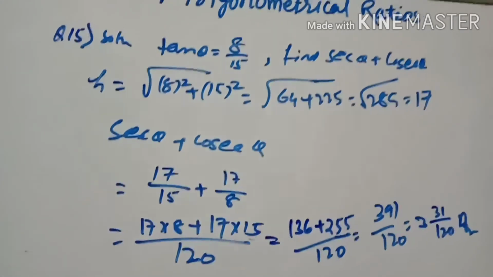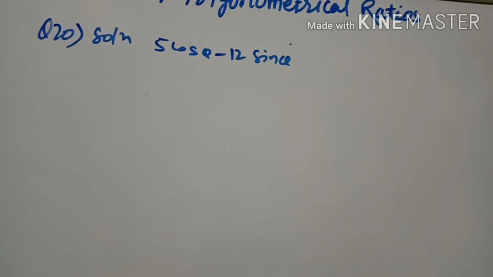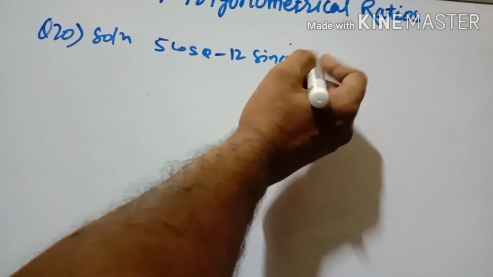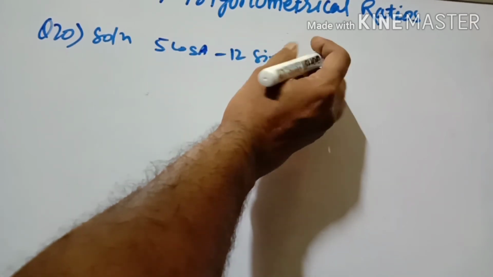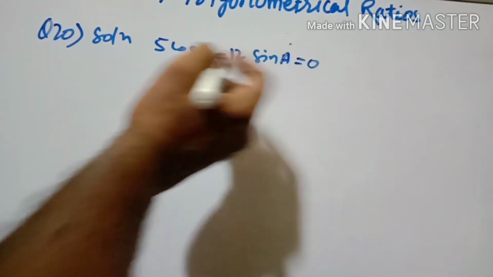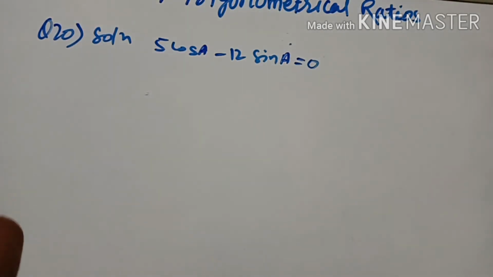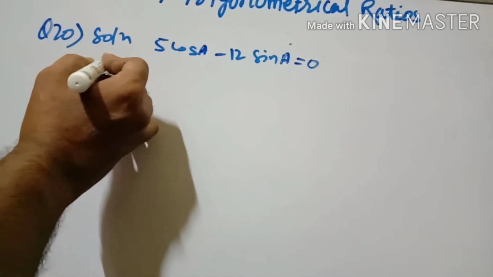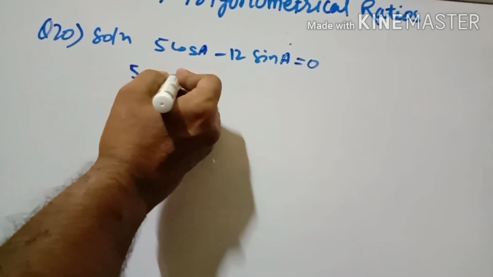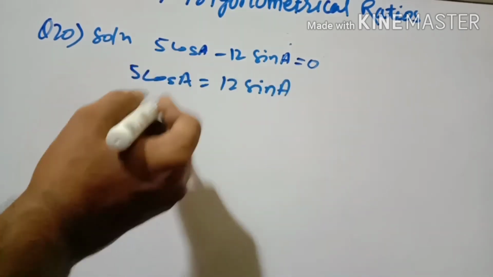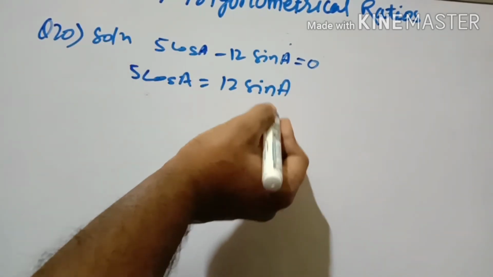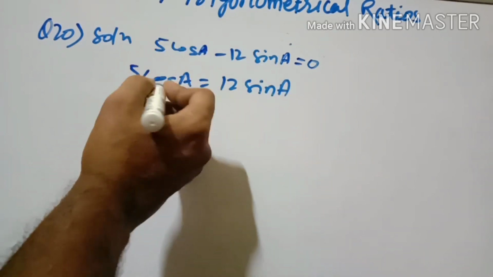Write down. Now see question number 20. It is given that 5 cos A minus 12 sin A equal to 0. It is A, not theta. Find the value of sin A plus cos A by 2 cos A minus sin A. First of all, here we have 5 cos A equal to 12 sin A. We can change this one as tan or cot, depends on you only.